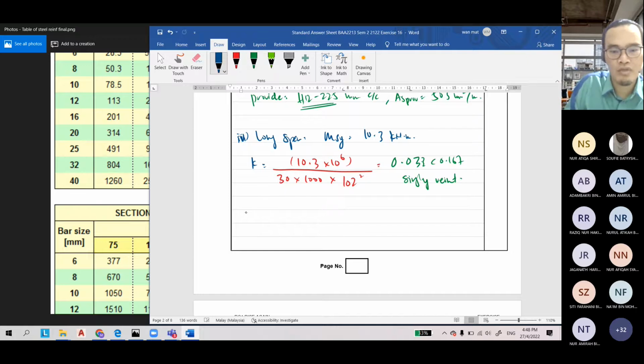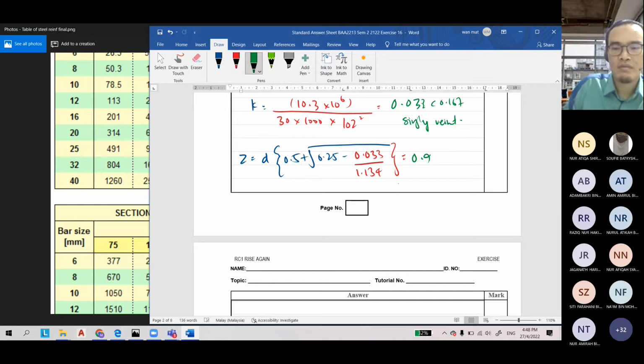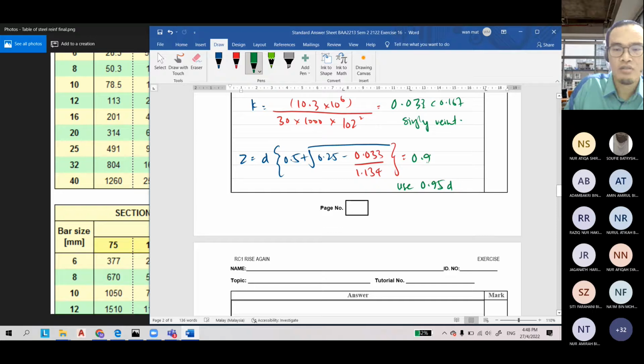So as usual, just determine your Z. 0.5 plus square root of 0.25 minus, just insert the value directly, K over 1.134, equal to 0.9 something, and then you use 0.95D. So 0.9 what? 0.97. Okay, good. 0.97D.